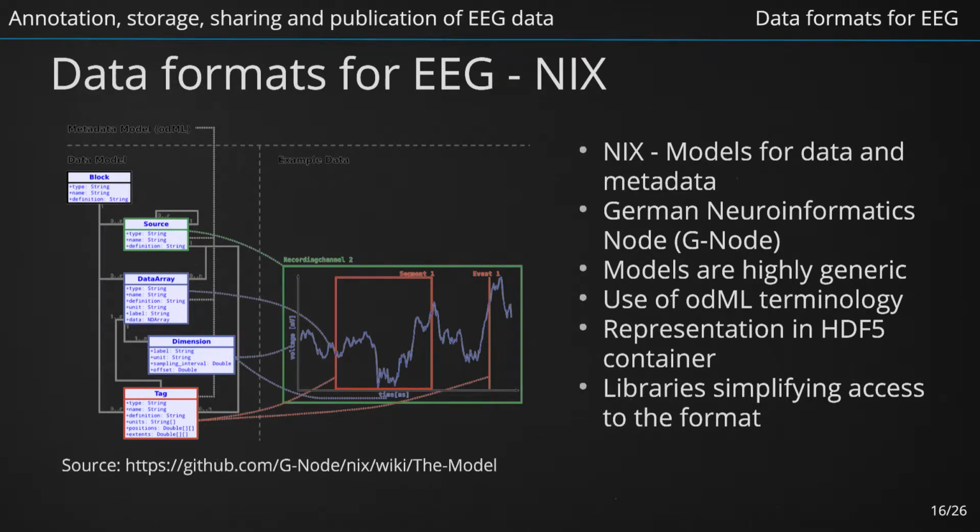In summary, NIX provides separate models for data and metadata, but finally the data together with its metadata are stored within the same HDF5 container. The NIX data model provides a generic structure for description of annotated data arrays that can be easily linked with terminologies, providing together a suitable data structure for the electrophysiology domain.